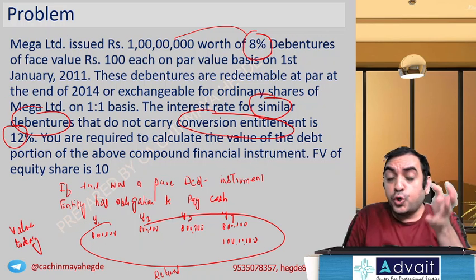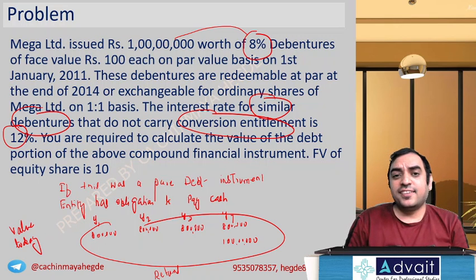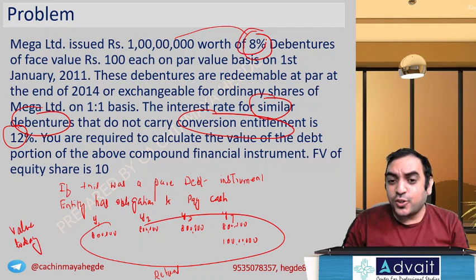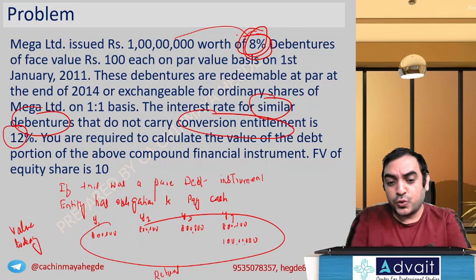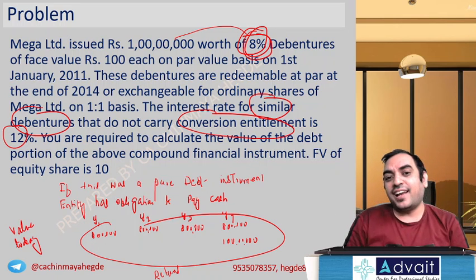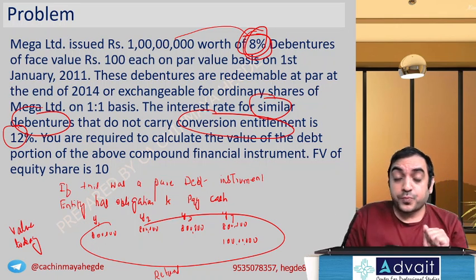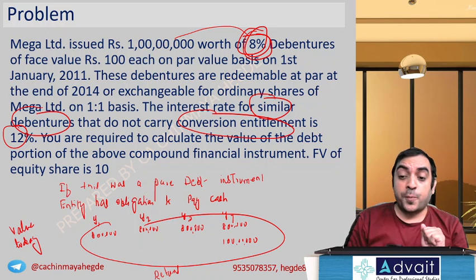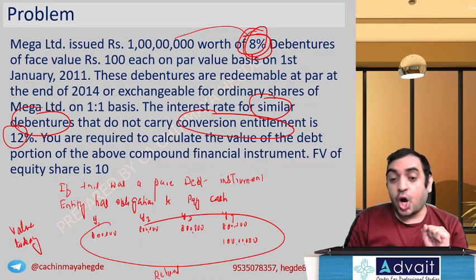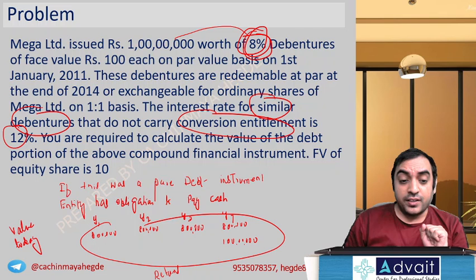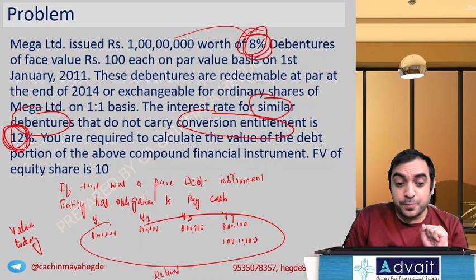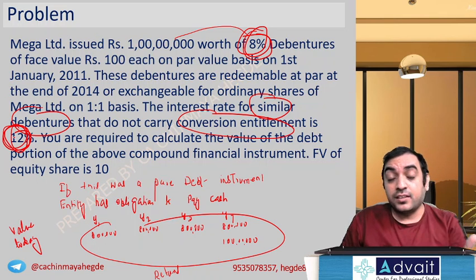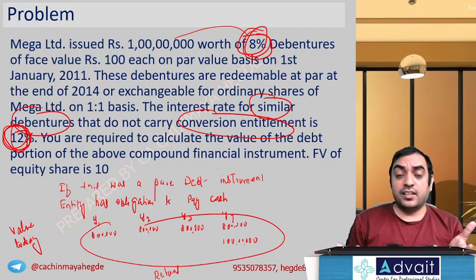Okay, if you do not have a conversion option, will you expect 8% today? If you expect 8% today, the present value will come to 100 lakhs only. If you don't have a conversion option, your expectation is not 8%, your expectation is a 12% required rate of return. I don't have any other conversion option.